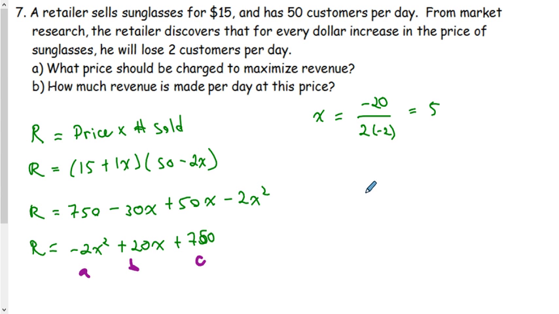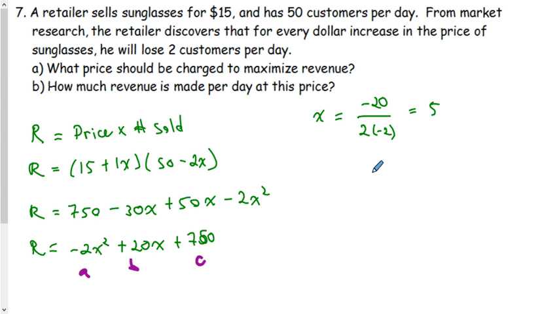Okay, cool. So now that we know 5, that means how many price increases do we do? We do 5 $1 increases. But we're going to lose some people. For every $1 increase, we lose 2 people. So a $5 increase means we're going to lose 5 times 2, we're going to lose 10 people buying sunglasses.